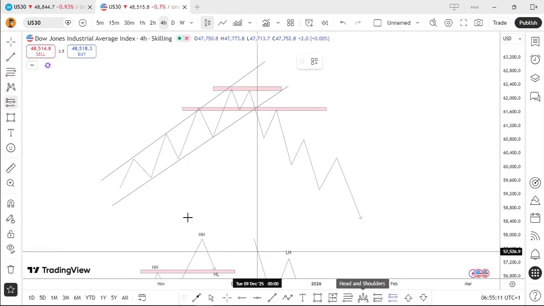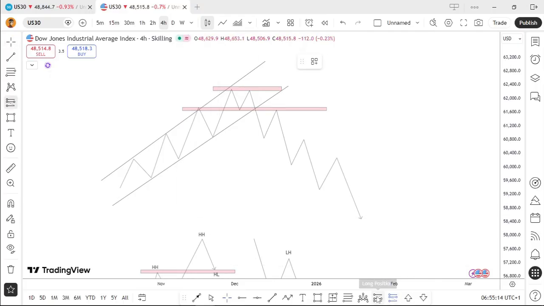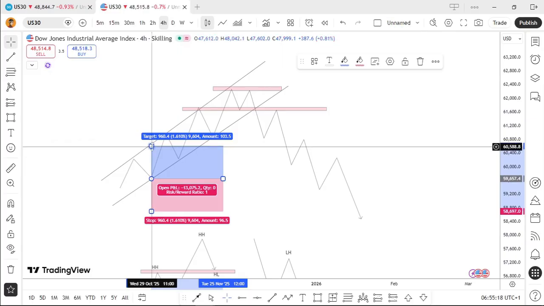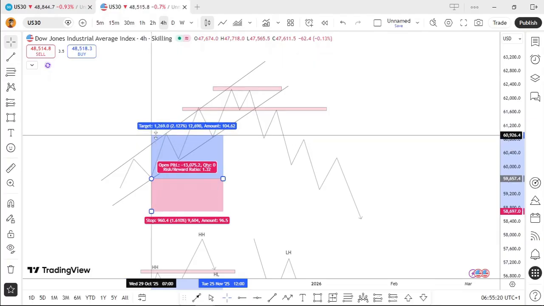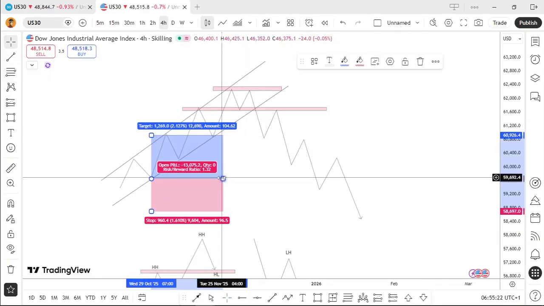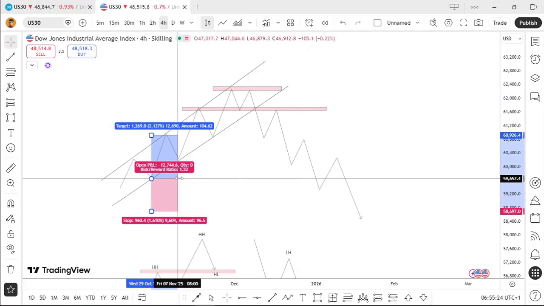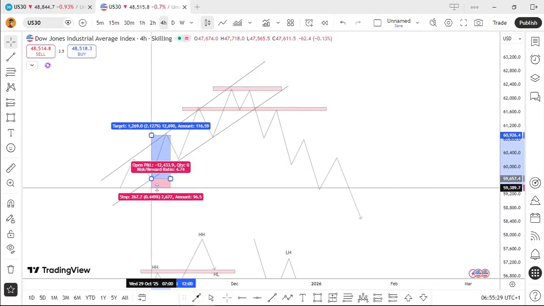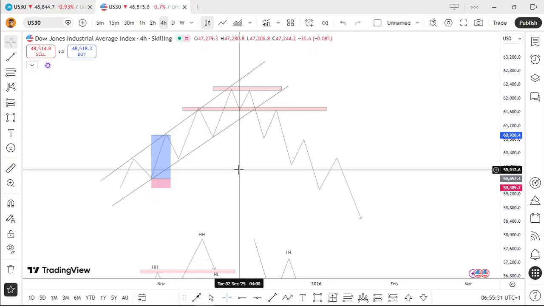Let me use the long position to give you an example. So you see, those are the points that you enter the market from. So when the market is creating these higher highs and higher lows, those are where your support and resistance used to be.